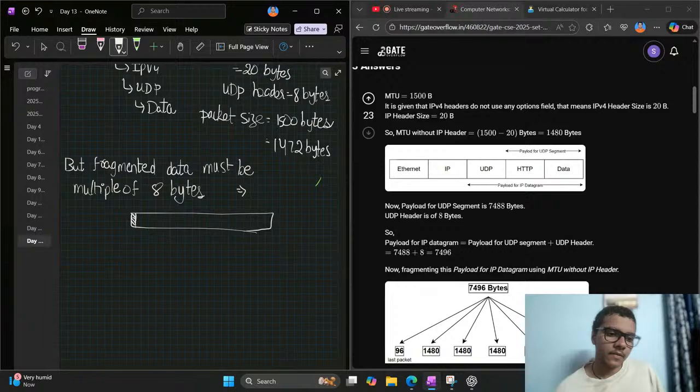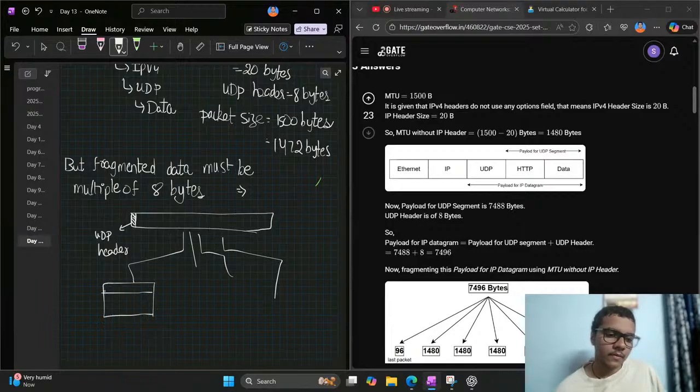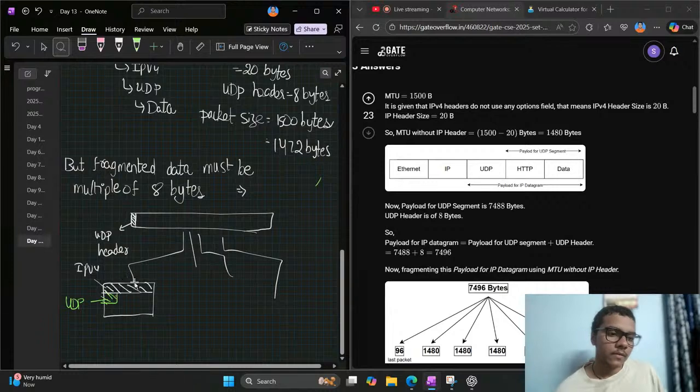This is the UDP header, and it will be transmitted as a lot of packets. Each contains something like an IPv4 header, and let's change the color, UDP header.